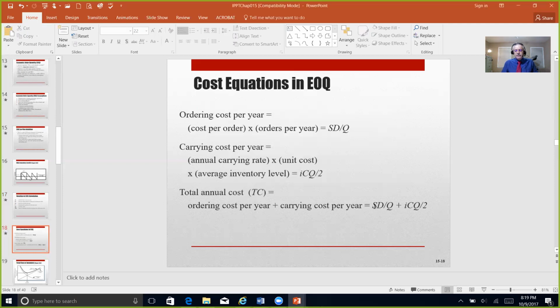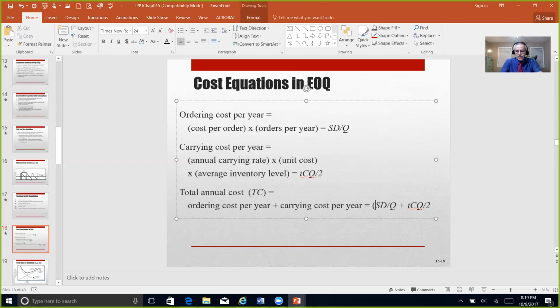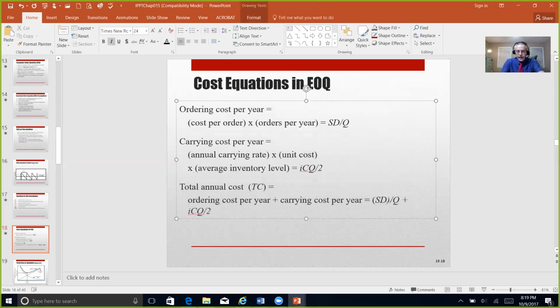And sometimes, if I'm unsure, I will add quotes or parentheses just to clarify within myself what I need to do from Please Excuse My Dear Aunt Sally. Whatever works best for you, I would encourage you to do that, because without anything in between, like total cost TC, that is implied multiplication. If it's been a while since I did algebra, certainly do that.